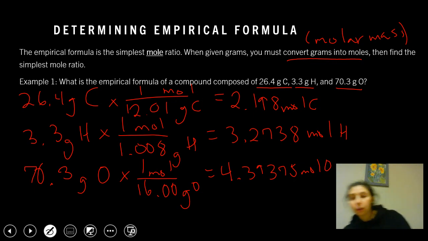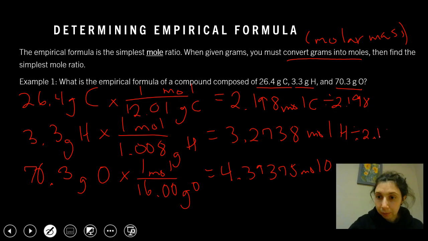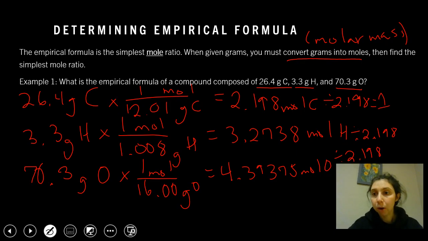So now I have my moles. Now I'm going to do what I did on the previous slide. I'm going to divide by my lowest number of moles in order to get my simplest ratio. So 2.198 is my lowest number of moles. So I'll divide each of my numbers by 2.198. Obviously 2.198 divided by 2.198 gives me 1 mole of carbon. 3.2738 divided by 2.198 gives me about 1.5 moles of hydrogen.